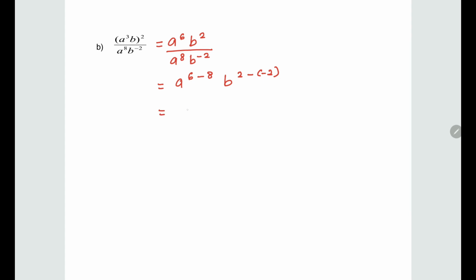Next equals a^(6-8) equals a^(-2), times b^(2-(-2)), you get 4, and then simplify, we get b^4 over a squared.